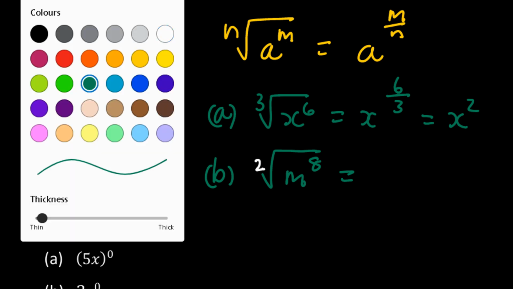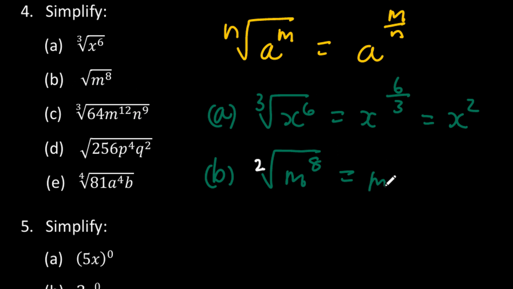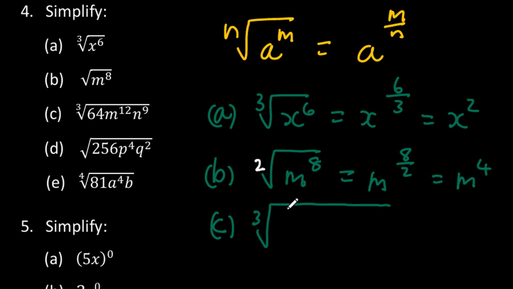So then applying this law, it's going to be m to the 8 over 2. In other words, m to the power of 4. Let's look at c. We have the cube root of 64, m to the 12, n to the power of 9.